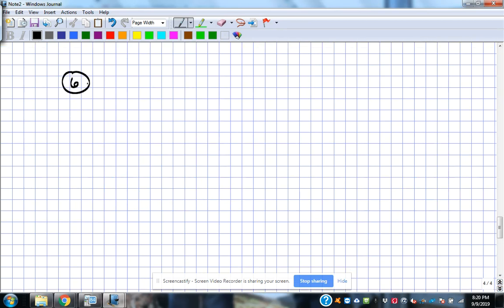Well, last one here. Absolute value. F of x. Absolute value symbols of x.